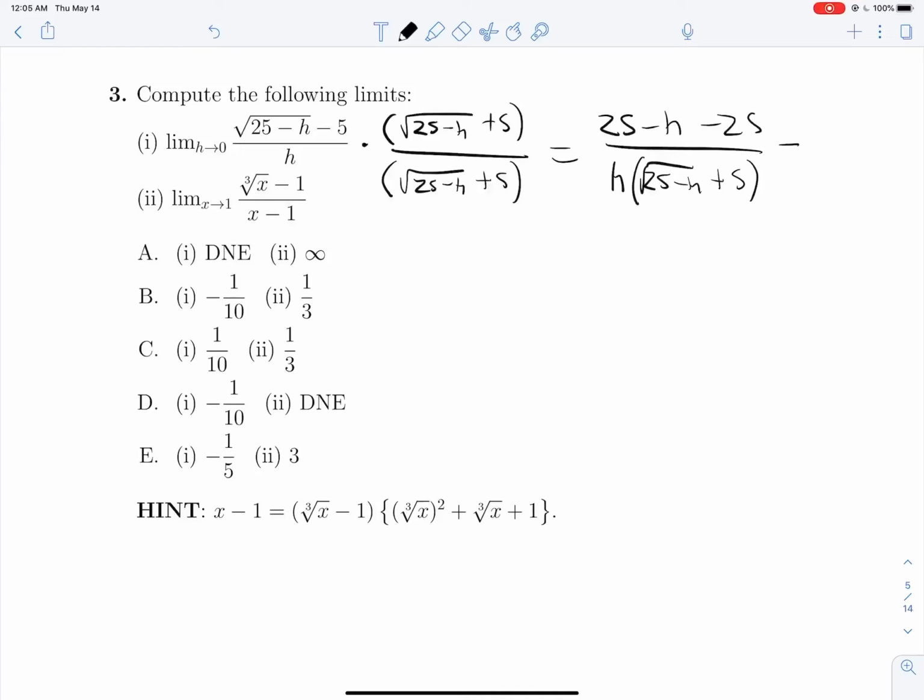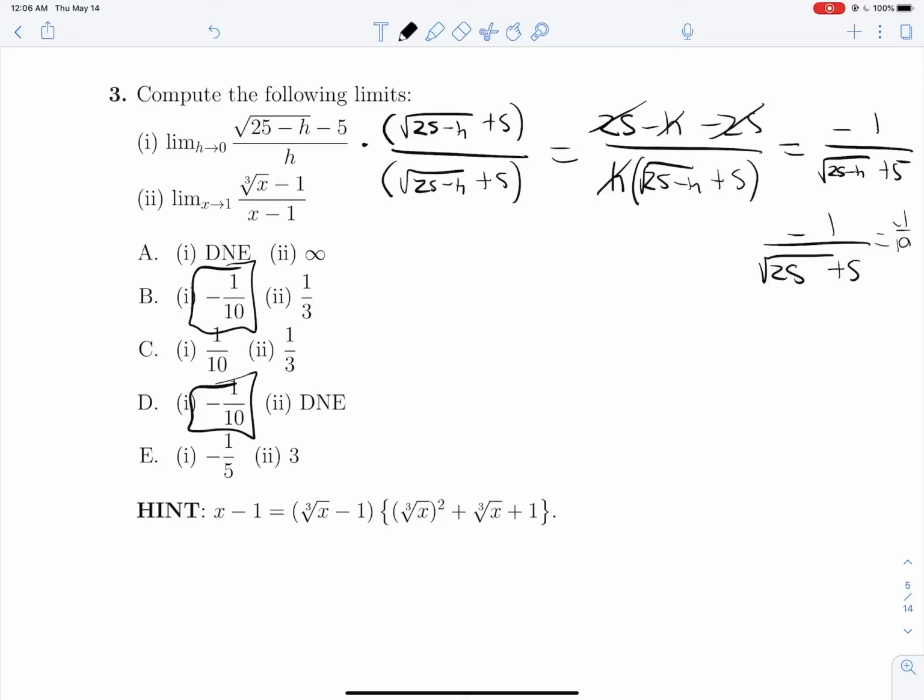So simplifying some things down, these 25s will cancel out, and we can divide an h out from the top and the bottom, and we get negative 1 over the square root of 25 minus h plus 5. Now, if we're finding the limit as h approaches 0, this becomes much easier, because when h is 0, we can just directly solve it. Minus 1 over the square root of 25 plus 5 is negative 1 over 10. So negative 1 over 10, negative 1 over 10. We are liking B and D so far.